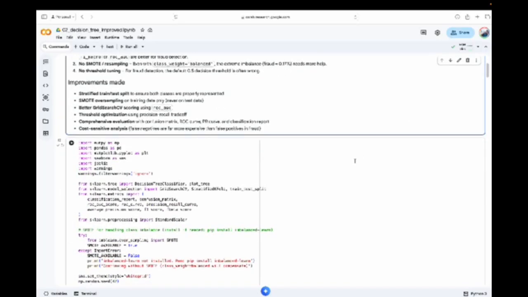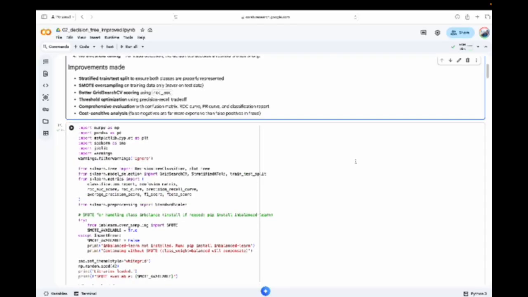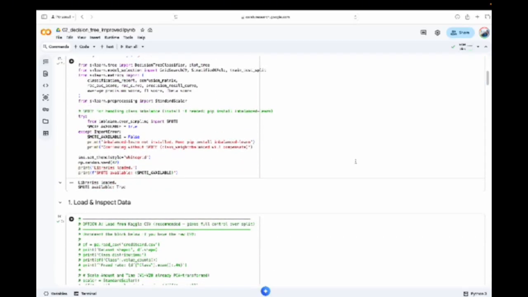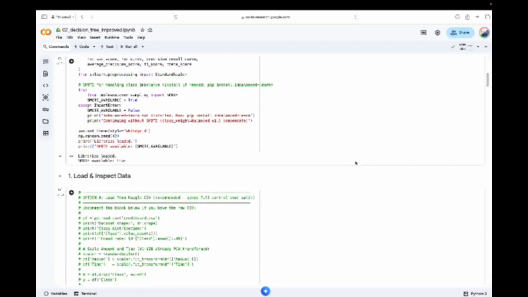Here I imported required libraries for modeling, SMOTE for handling imbalance, and evaluation metrics such as ROC AUC and F2 score. This section loads the dataset and prepares features and labels.